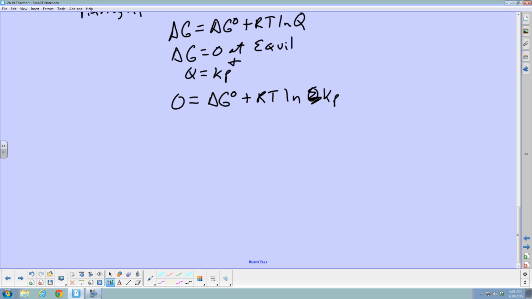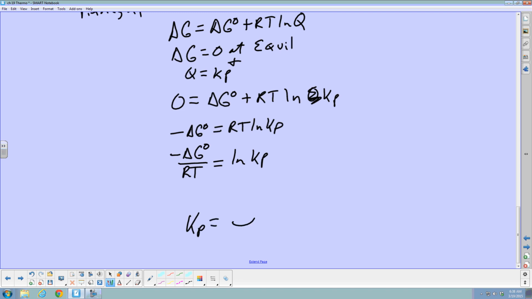So let's do some rearranging. I get negative delta G prime equal to RT natural log of KP, which means negative delta G prime over RT equals the natural log of KP. How do I get rid of that natural log? Take e to both sides. So KP is equal to e to the negative delta G prime over RT.